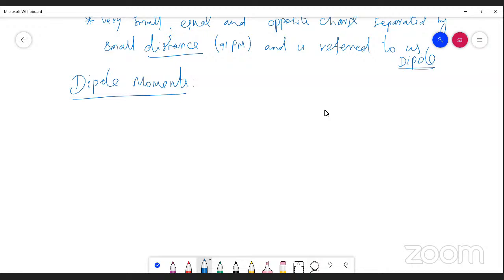In addition, the dipole moment also indicates the polarity of bonds. So, the polarity of a polar covalent bond can be measured in terms of dipole moment.